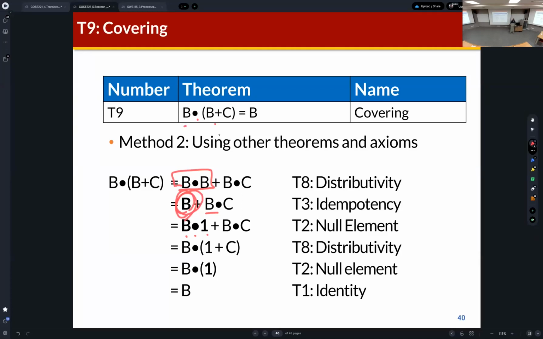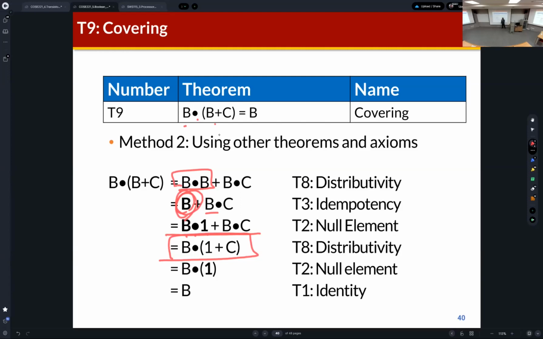Then we can rewrite this equation like this. This is the inverse of distributivity, right? Because we can find A and B here. There's an AND, there's a 1. So 1 plus C. What is 1 plus C? It's 1 or C, which is 1.